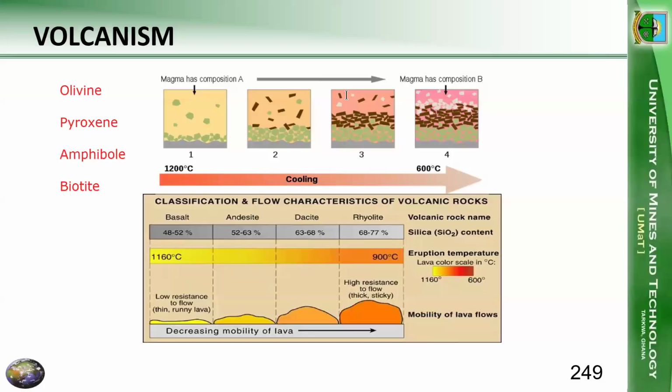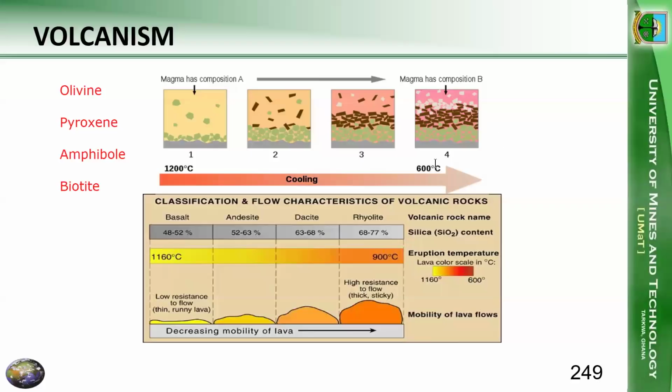So we have more silica left. So you can start with magma that was originally basic or basaltic, and you can end up as a rhyolitic magma. So you see, at this point, a lot of minerals are formed, and the resulting liquid is now rich in silica. And then finally, we are going to have some kind of felsic rock forming, like your granite or your rhyolite, depending on whether the magma reached the surface or not.